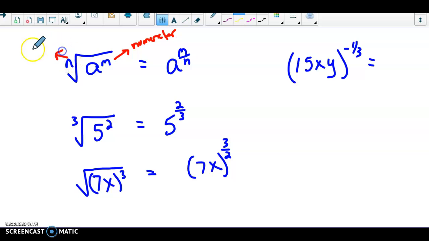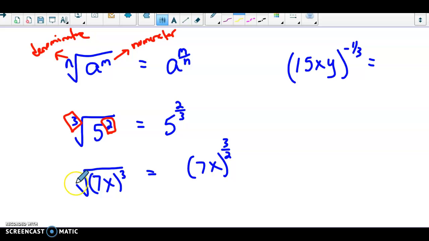The root becomes the denominator in a rational exponent on a. So the cubed root of 5 squared, another way of writing that is 5 to the, this becomes the numerator, 2, this becomes the denominator, 2/3, 5 to the 2/3.